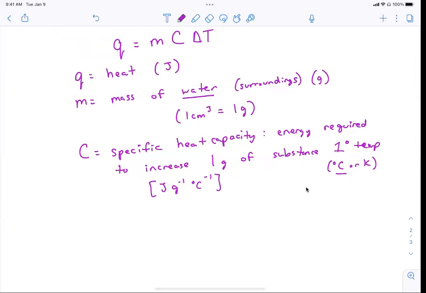So increase the gram of substance 1 degree, yes. Sorry, thank you for clarifying. It says 1 gram of substance, 1 degree in temperature. It's not a slash, it's supposed to be the number 1 and then the degree symbol. The unit is joules, energy, per gram per degree Celsius. Yes, correct. That's a good point, Maddie.